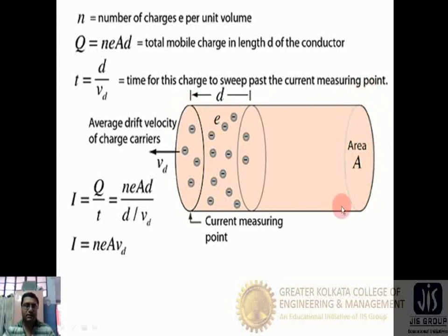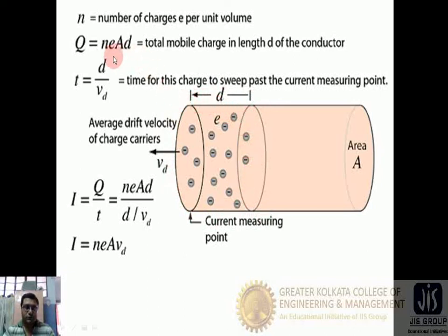So A is the cross-sectional area of the cylinder, and D is the distance. So A into D is the volume of this portion.